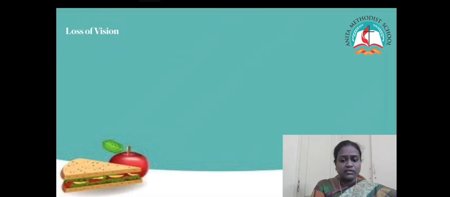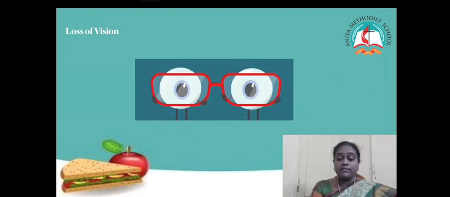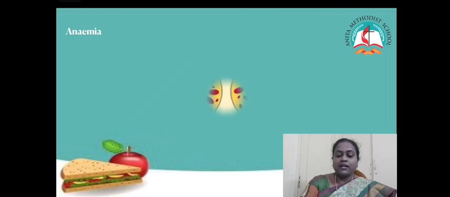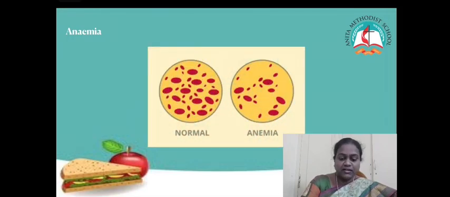What is the next problem that it will cause? Loss of vision. See, our eyes are very important. So, avoid adulterated food because you might lose your vision. Next is anemia. Can you see this picture?